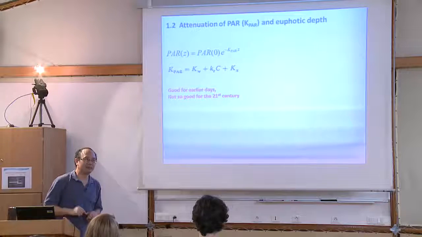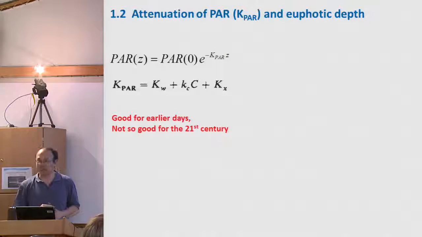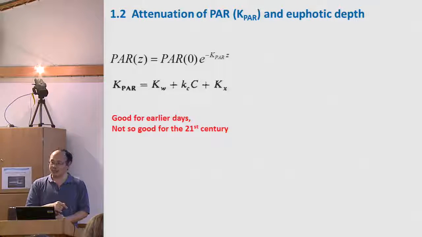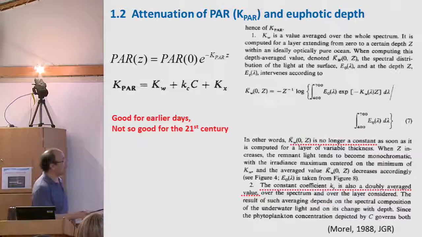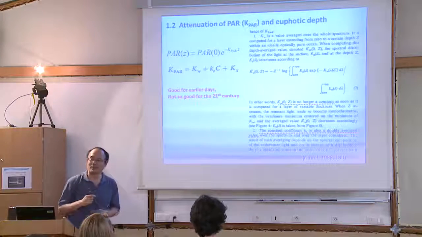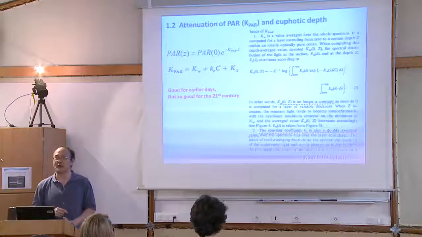But actually, this formula is wrong. It's really wrong. This is okay for the dark ages, but it's not good for the 21st century. We are 10 or 15 or 16 years into the 21st century. Actually, this was pointed out in 1988 by Morel. This formula is wrong.